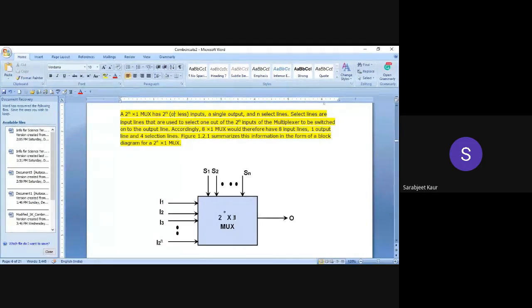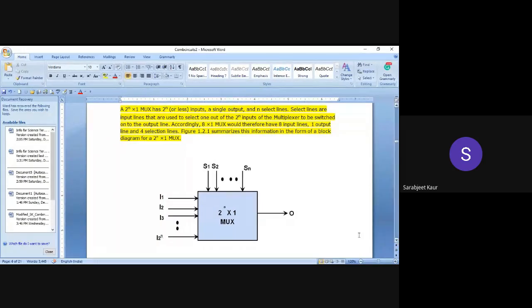So as we had looked at this block diagram, the multiplexer we say has some inputs and we take that as a power of 2.